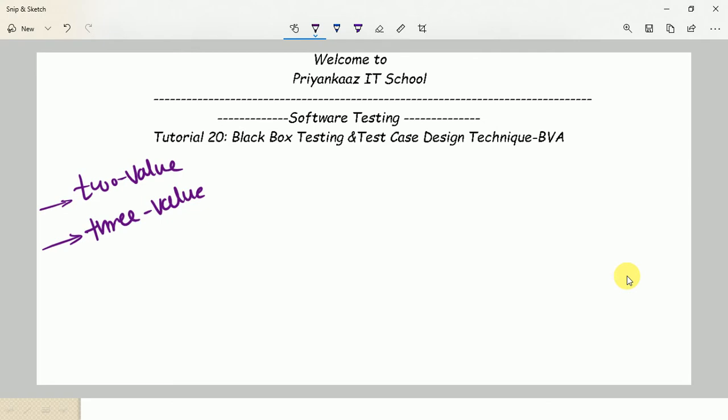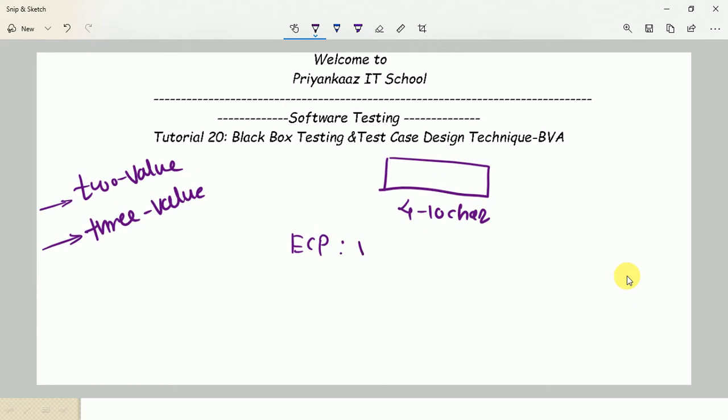Now what is two value and what is three value boundary analysis? Let me explain. Guys, what happens if they ask you, let's say in ISTQB, a question like this: suppose an input domain accepts 4 to 10 characters. In that case, if you just consider equivalence class partitioning, then in ECP we have a very straightforward partition.